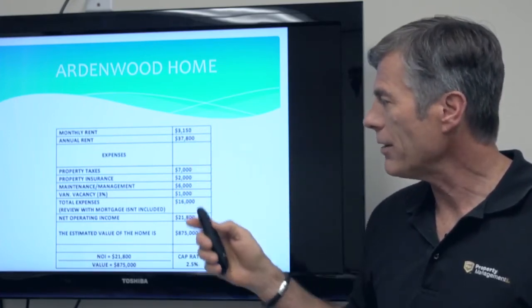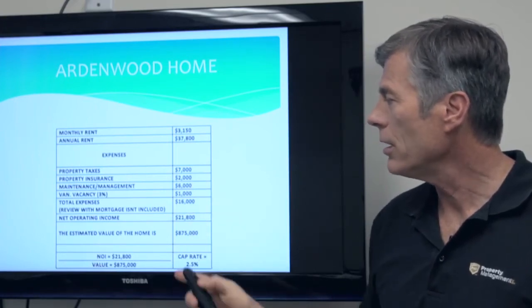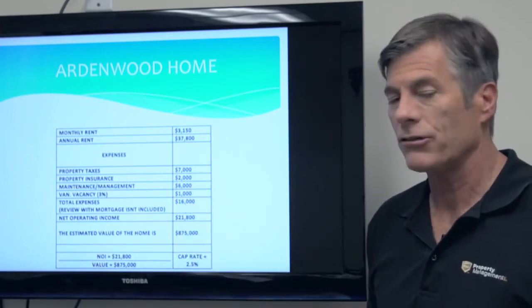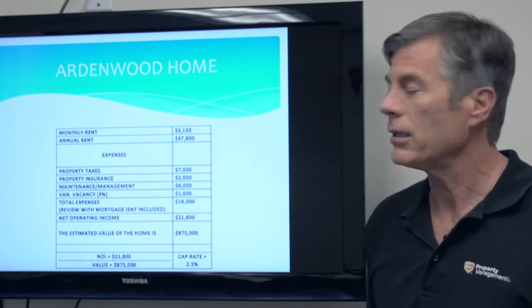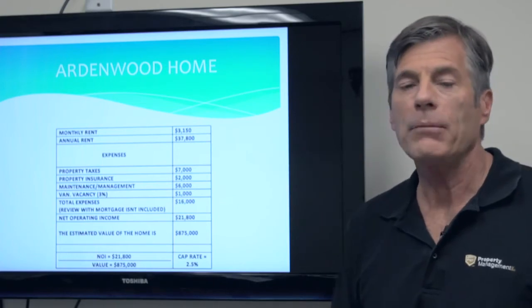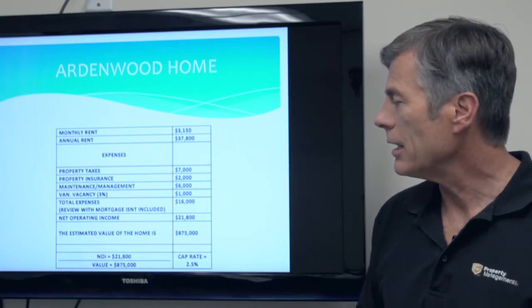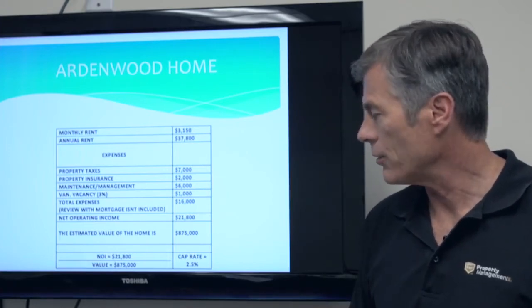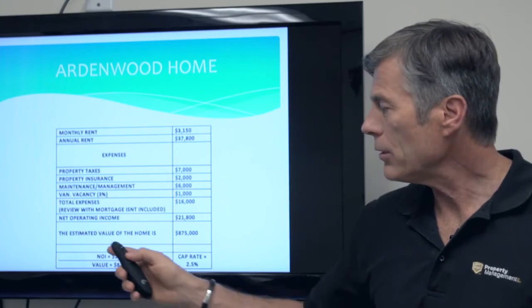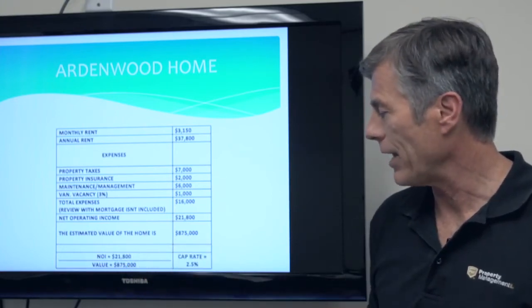He's got his property taxes at $7,000, his property insurance at $2,000, his maintenance and management at $6,000. He's got his vacancy factor at 3% at $1,000. That means that his total expenses are $16,000 at the end of the year, giving him a net operating income of $21,800. Then we look at the estimated value of the home, which is $875,000.